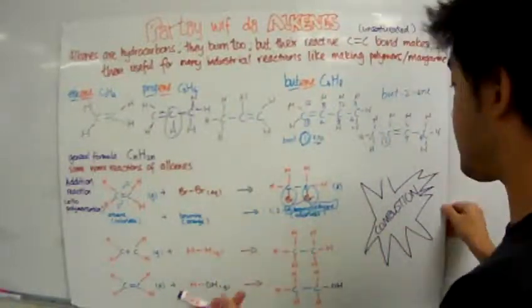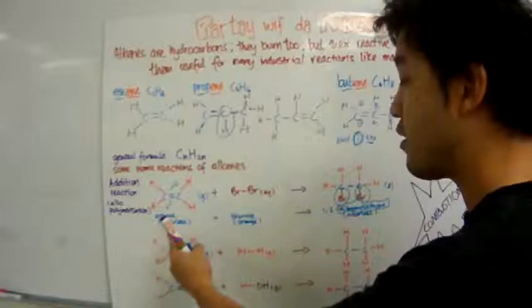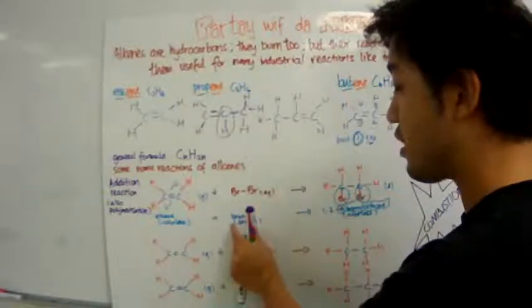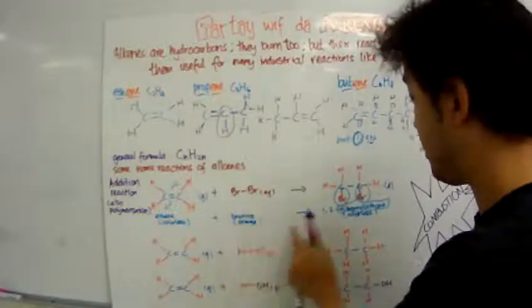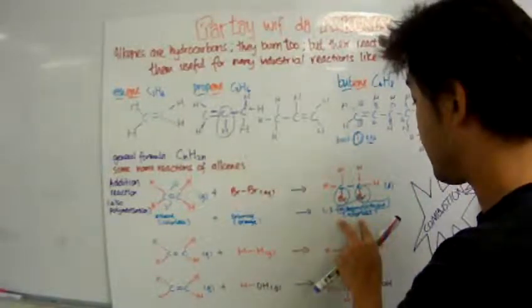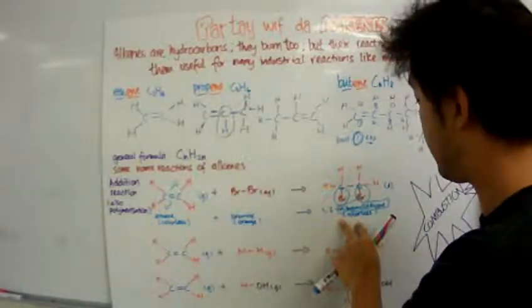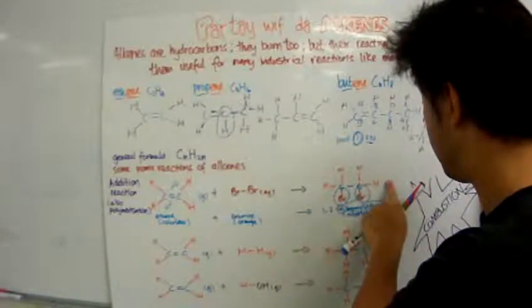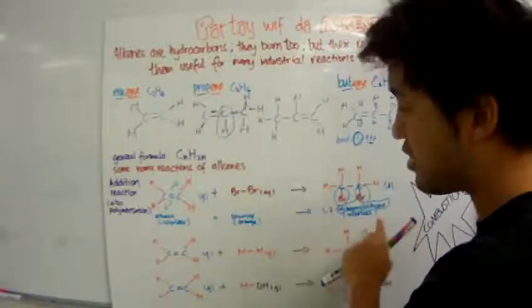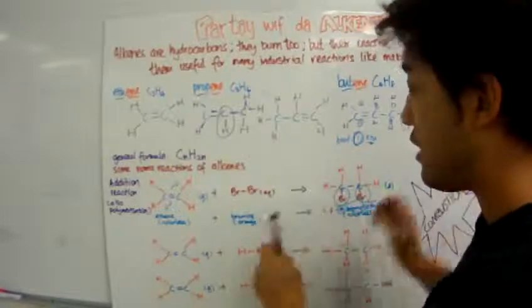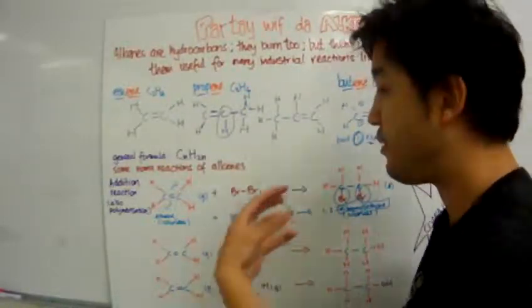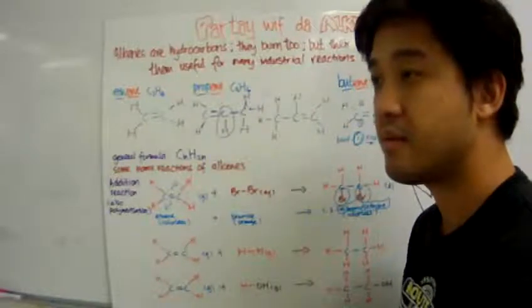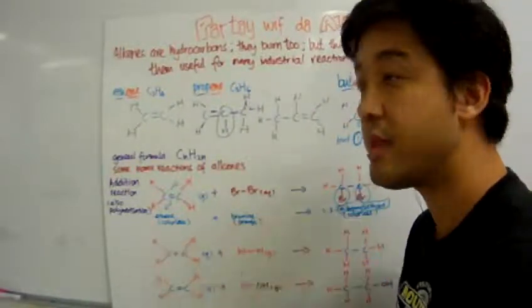And this becomes a colorless liquid. And this property of converting orange bromine solution into a colorless solution is a way that we can test that an alkene product is available.